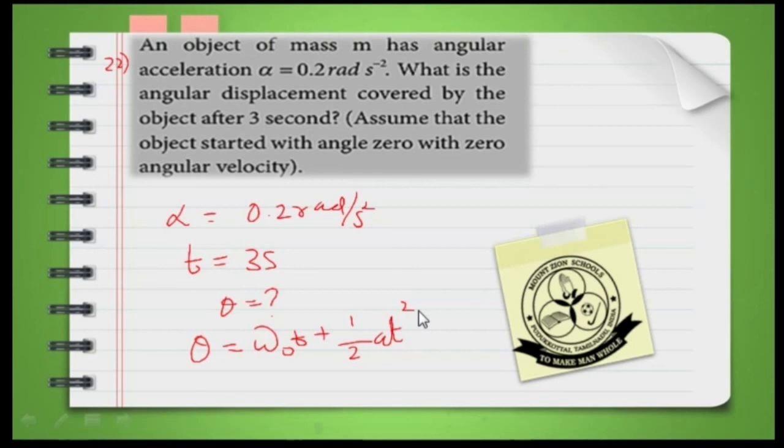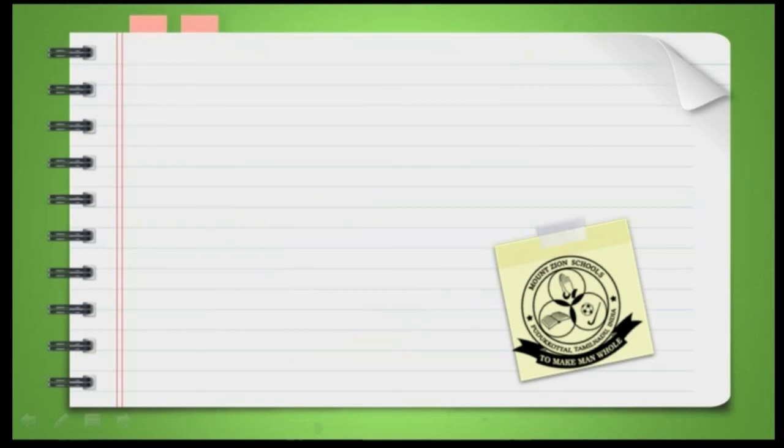Theta is equal to 0 plus 1 by 2 into 0.2 into 3 square. Half alpha t square. Then we'll get theta as 0.9 radian.